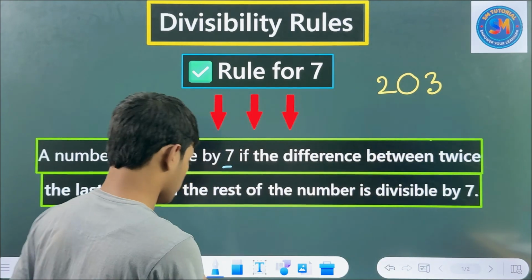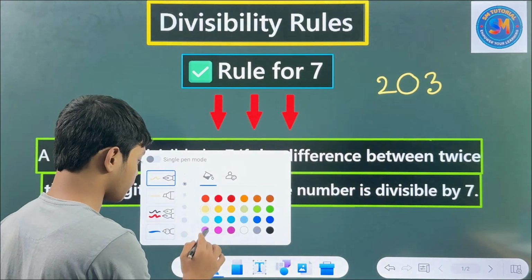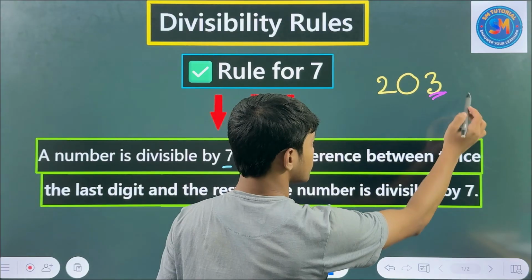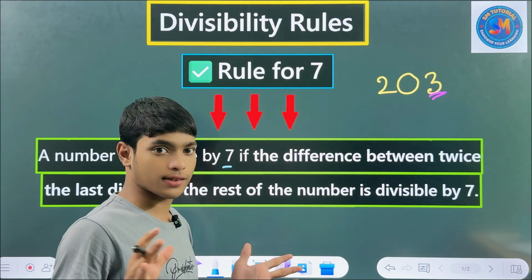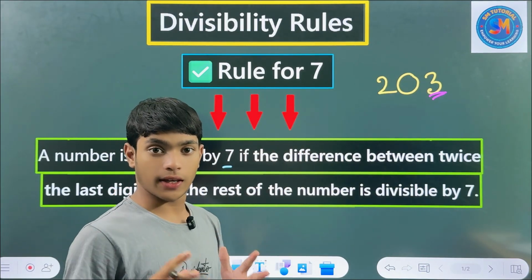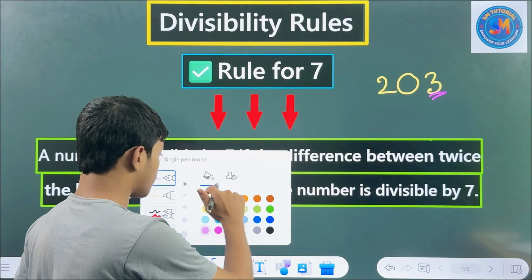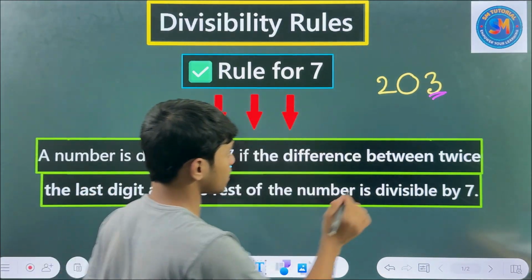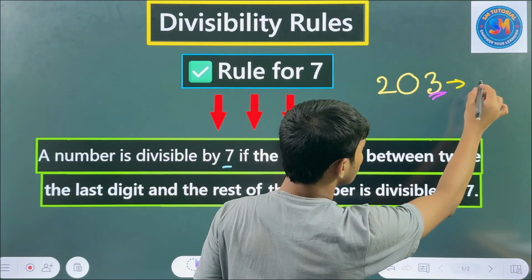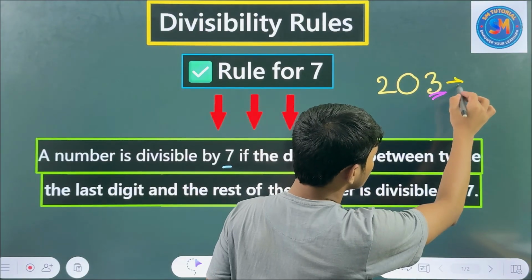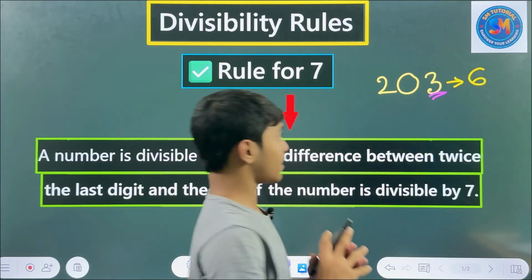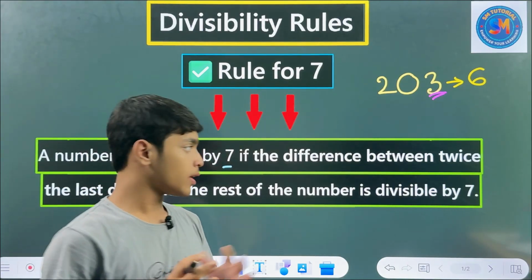Here, twice the last digit means we have to double it. What is our last digit? Our last digit is 3, so we double it: 3 and 3 is 6, so this will be 6. Then what do we have to do?